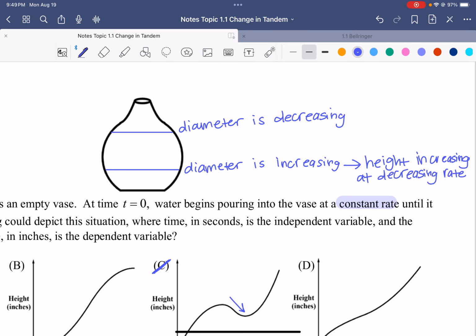The reason it's at a decreasing rate, like I said earlier, is that at this widest part of the vase, it's just going to take a lot longer for the water to fill up that area. Now, for the top part, even though the diameter is decreasing, the height is still increasing, right? You're still filling the vase up with water. But because the shape is more narrow at the top, it's going to be at an increasing rate. It's going to fill up a lot faster.